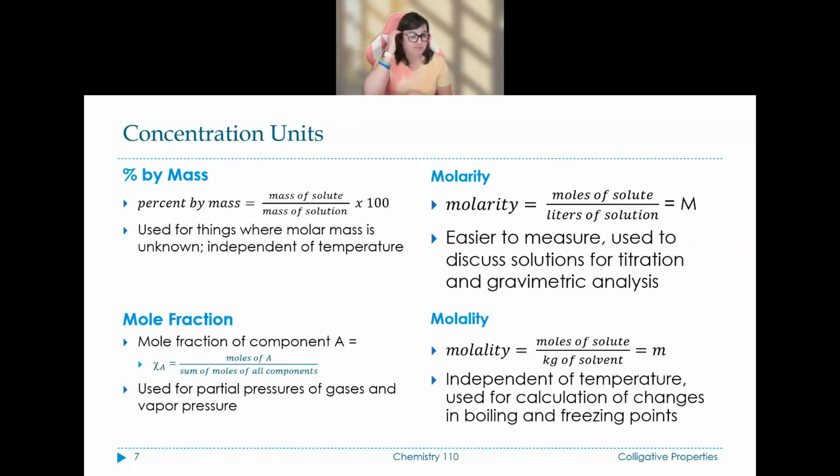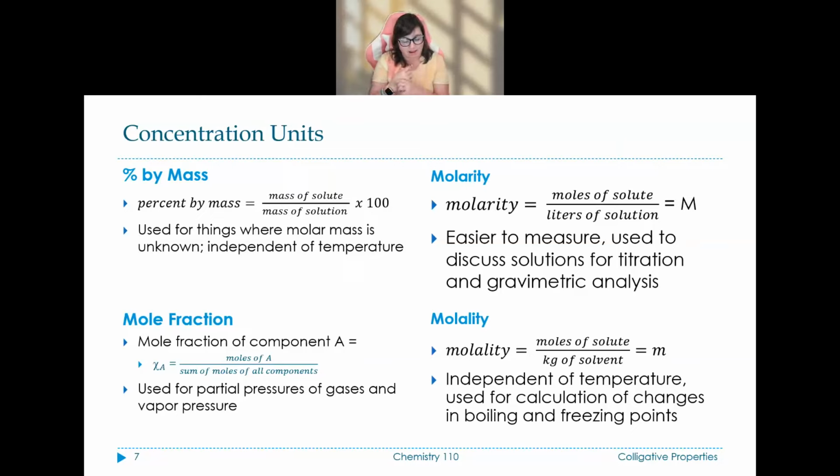We can look at something called a mole fraction for a component. We calculate the number of moles of that component, and we divide it by the sum of all moles that are present. So the total number of moles is on the bottom, moles of that particular component on the top, and that's a mole fraction.